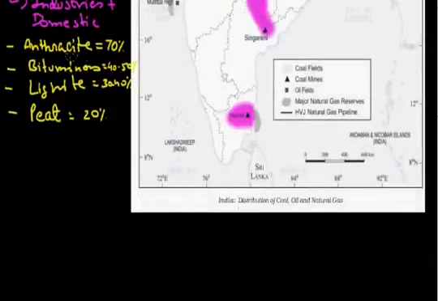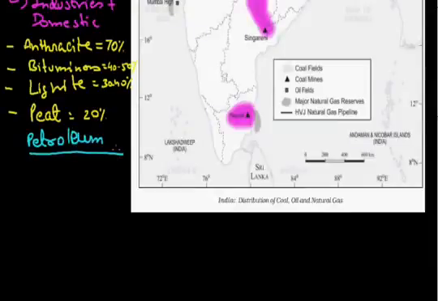Now let us come to the next example, which is petroleum. Just as coal is a fossil of wood which becomes coal because of pressure and heat, similarly, when the temperature and pressure increase, this coal plus the fossils of animals and leaves change into a liquid which is called petroleum.